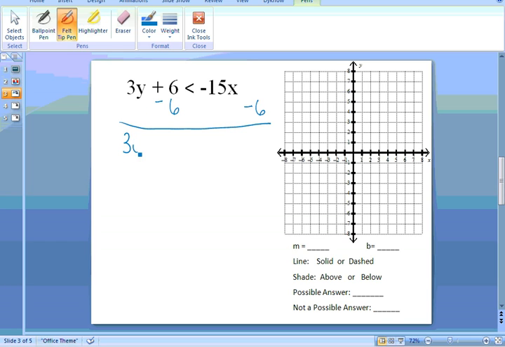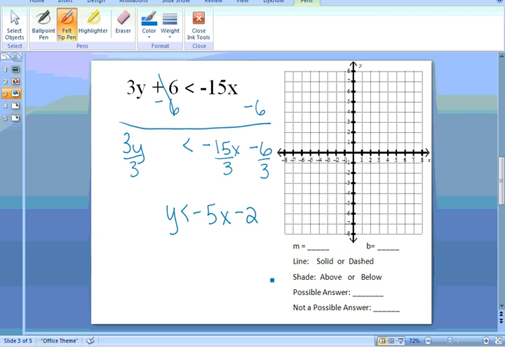So I have 3y, this is a zero pair, is less than negative 15x minus 6. Then to solve for y, I need to divide by 3. Since that was not negative, I have y is less than negative 5x minus 2.